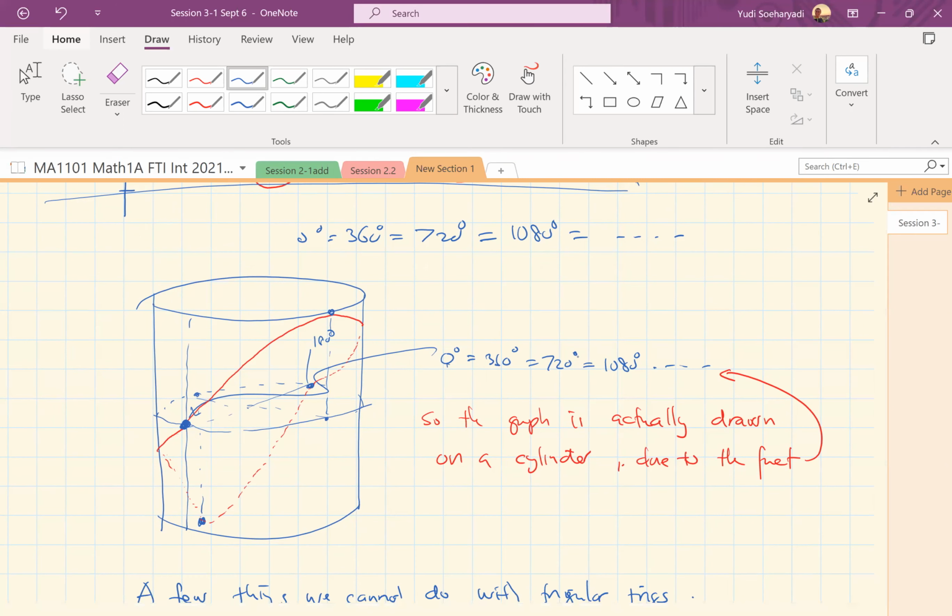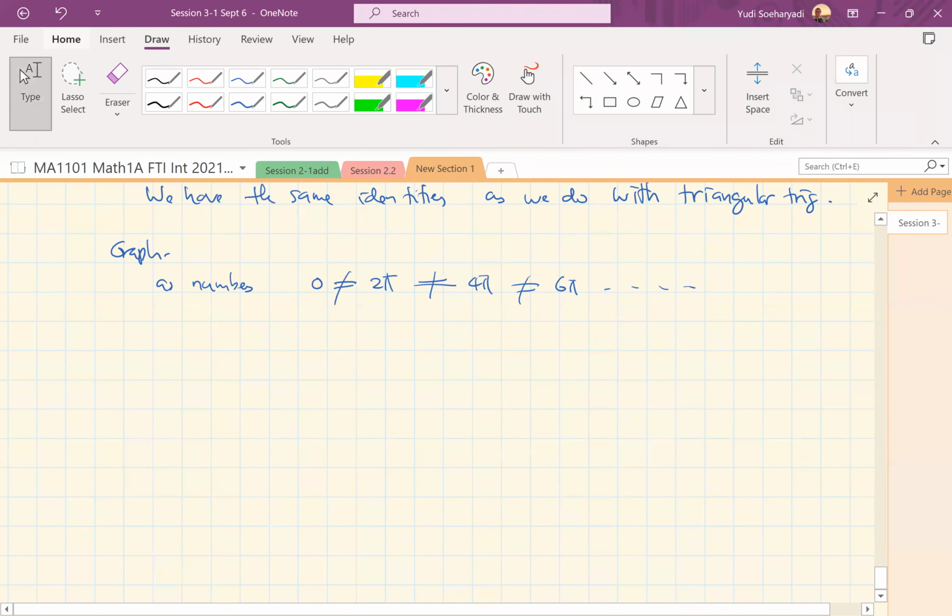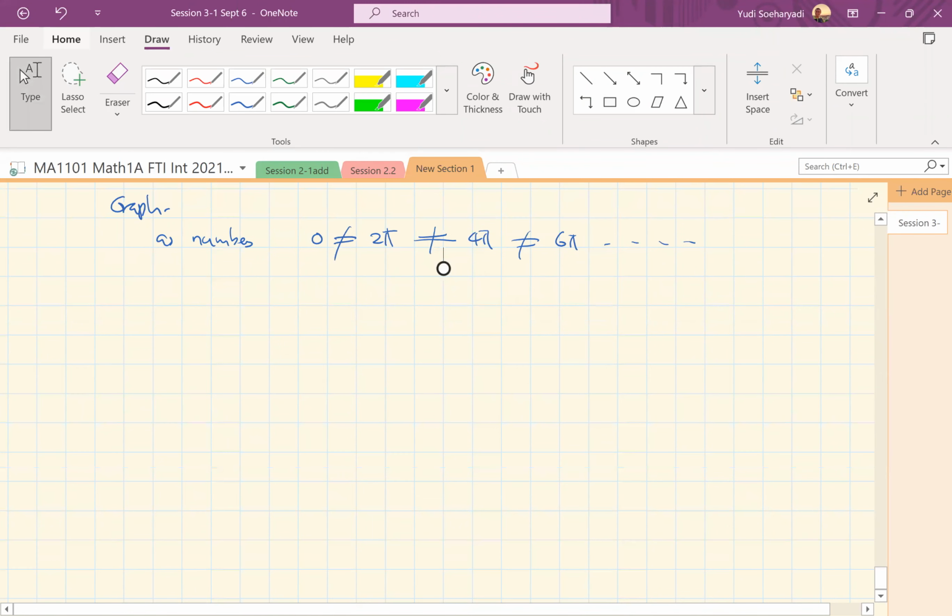But as numbers, 0, 2 pi, 4 pi, 6 pi are not the same. Okay, so we have this, 2 pi, 3 pi, 4 pi.